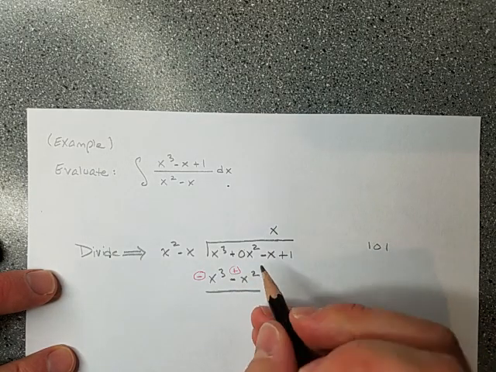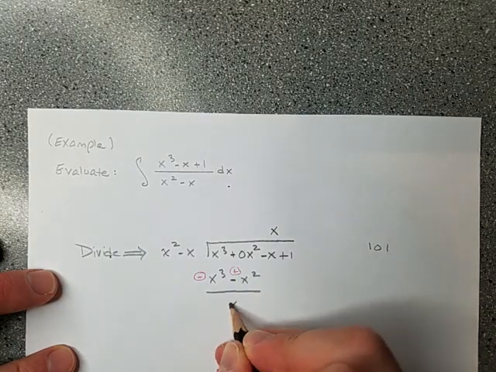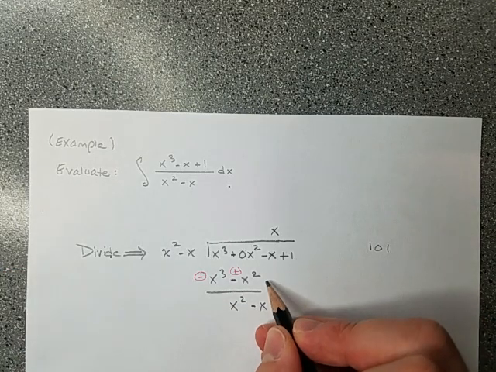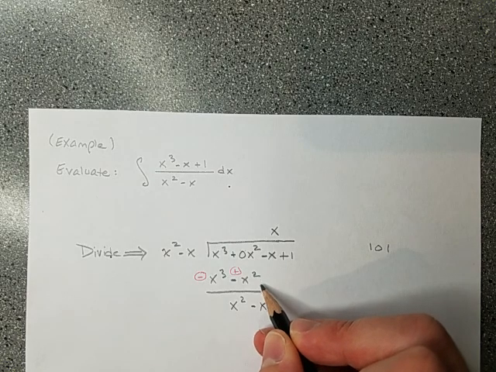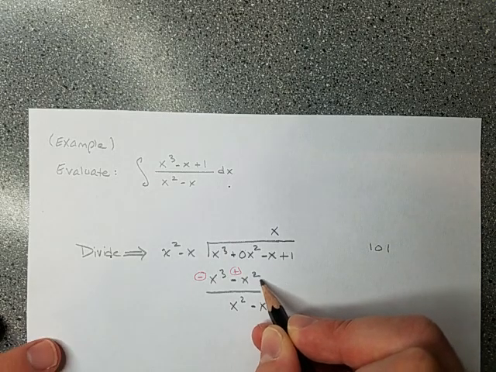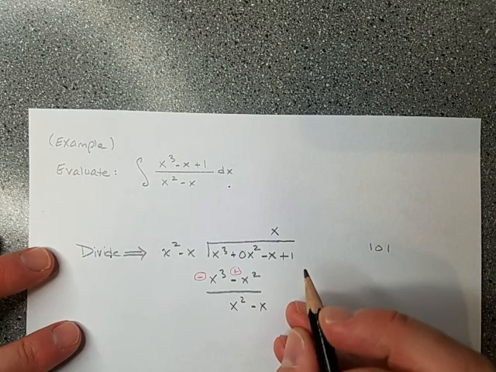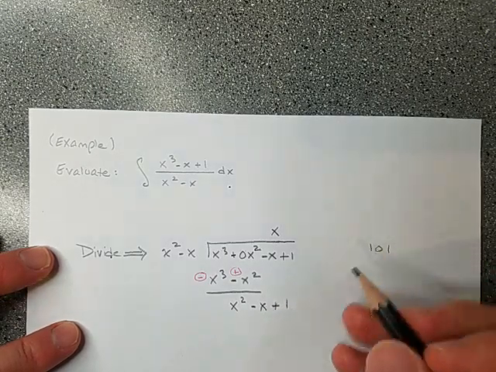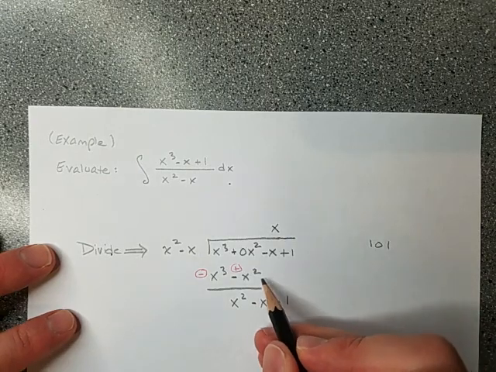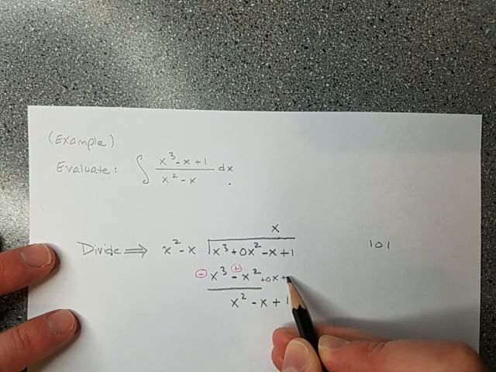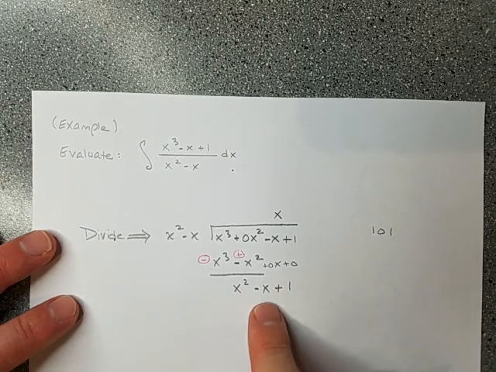Okay, so 0x squared plus x squared, that's going to be x squared. And then minus x, what do you add to it right there? There's no x's, and then 1, and there's no constant. So minus x plus 1. Okay, if you wanted to, you can write plus 0x plus 0 if it really helped you. All right, so that's where we get this.